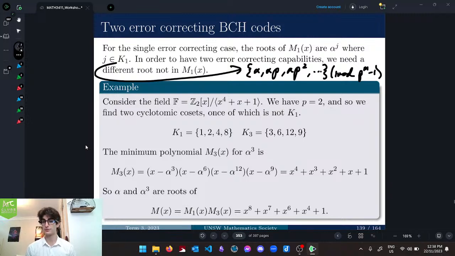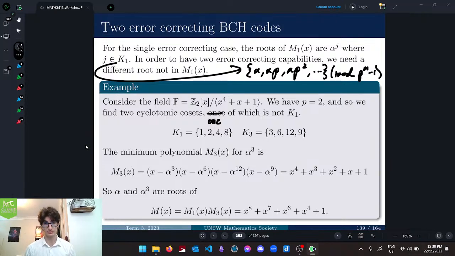We have p equals 2, our prime, and so we find 2 cyclotomic cosets, one of which is not K1. So we find that K1 is this, and K3 is this.